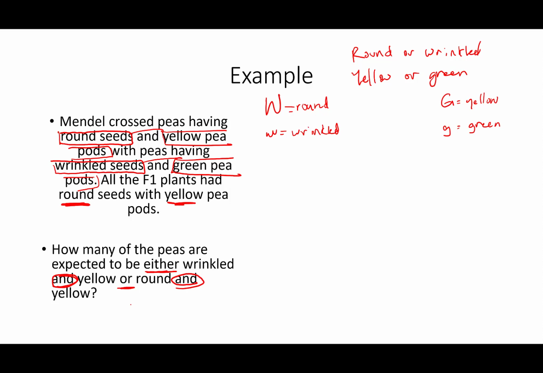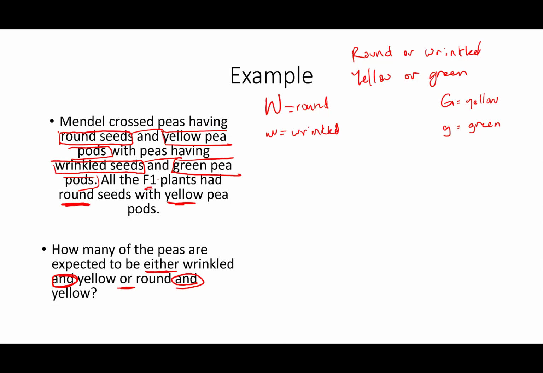So now let's start breaking this down and figuring out what we have. I don't know necessarily what the parentals were per se. I'm assuming they were true breeding, so we could figure that out. In fact, they had to be true breeding. But let's just start with the F1, right?